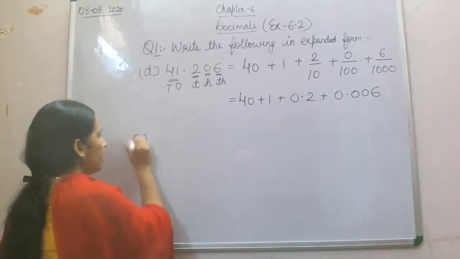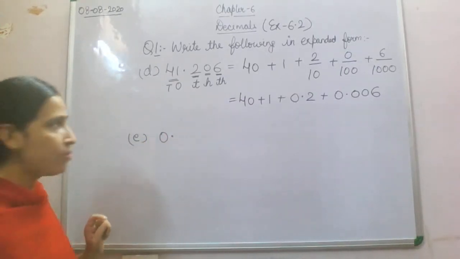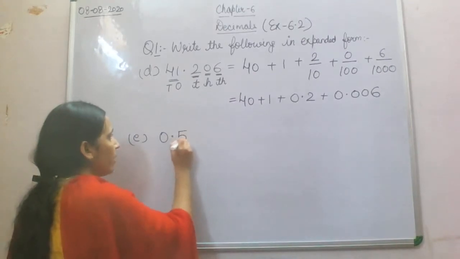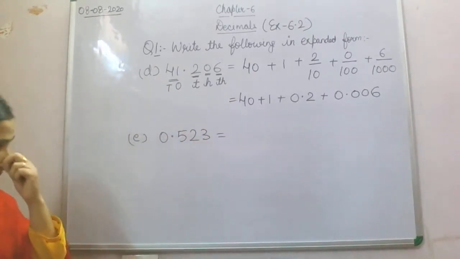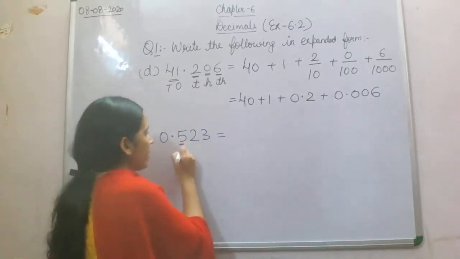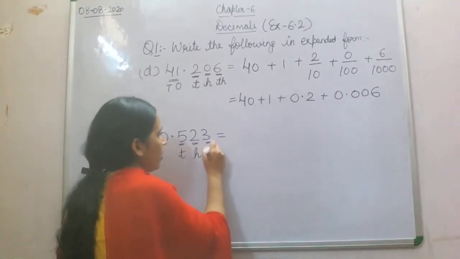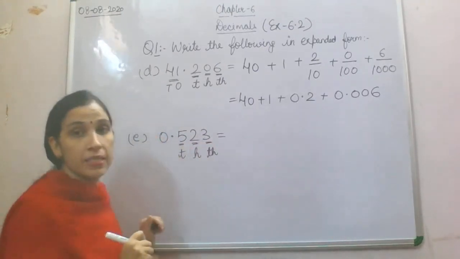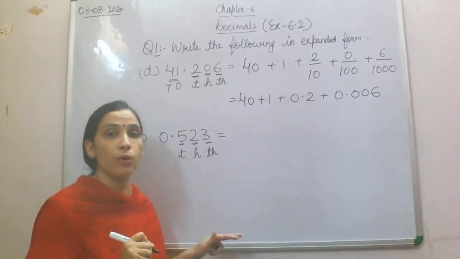So we'll start this E part, 0.523. So what we are going to do in this? Now we have only decimal places. This is your tenths place, this is your hundredths place, and this is your thousandths place.